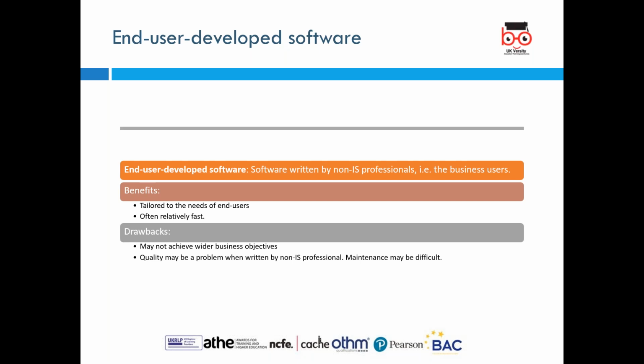So, end user development. End user software is simply written by non-information system professionals. So these software might be written by project managers or people that are not information system specialists. The benefit is it could be tailored for the end user, and it is often relatively fast.